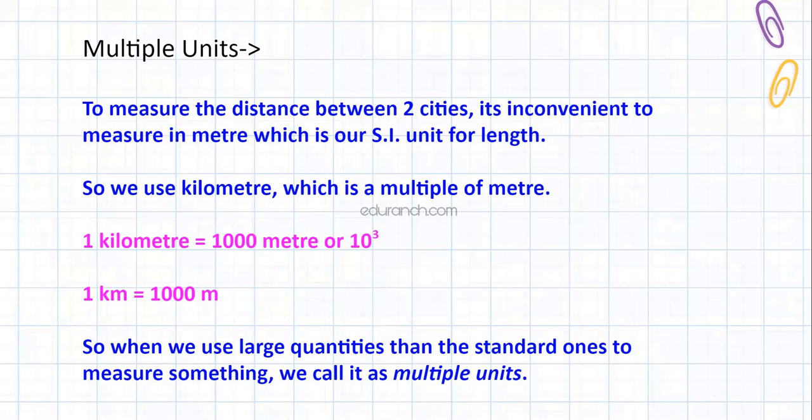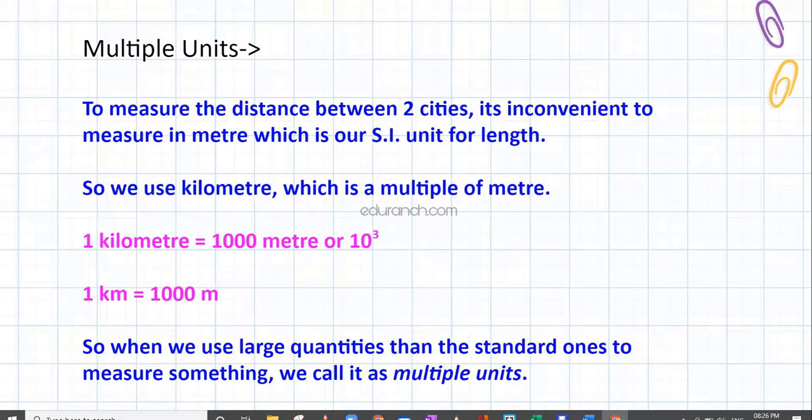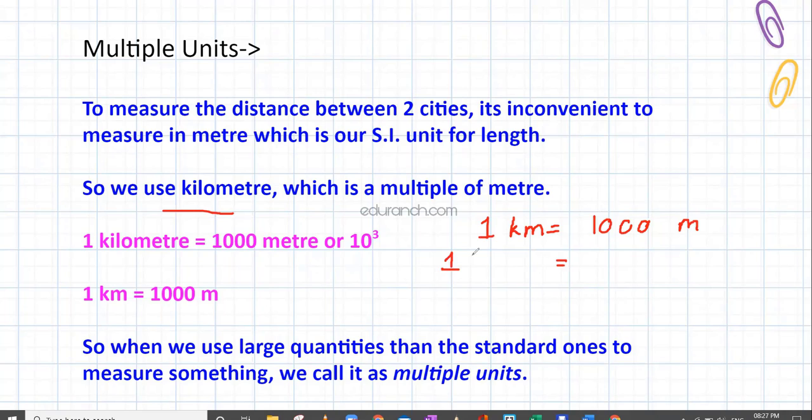So in that case, we use kilometer, right? Now, kilometer is a multiple of meter. Now, what does that mean? In 1 kilometer, there are 1,000 meter, right? So that means 1 kilometer is equals to 10 to the power 3 meter.